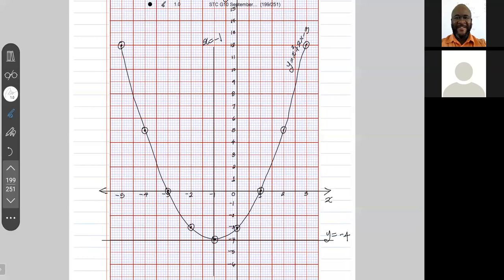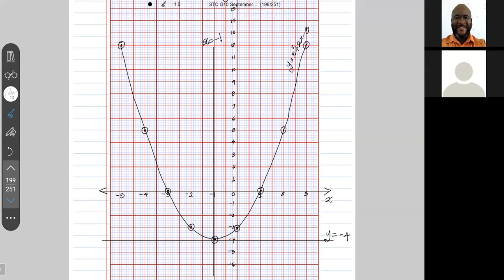All right. So the value of y at the lowest point of the graph is y is equal to -4. And the value of x at the lowest point of the graph is x is equal to -1.